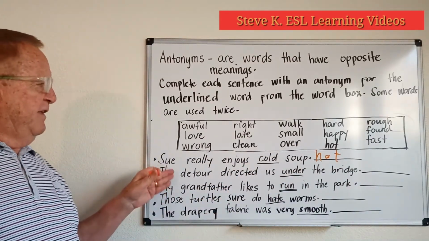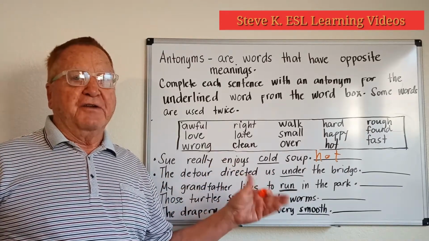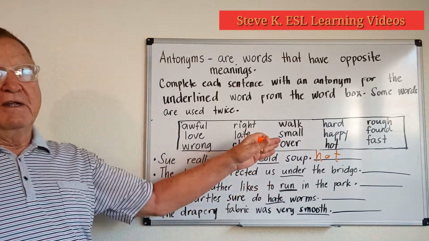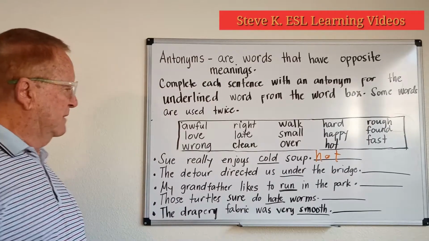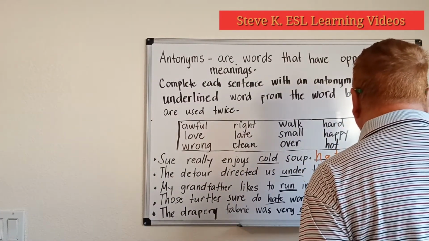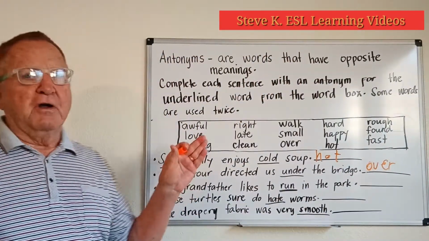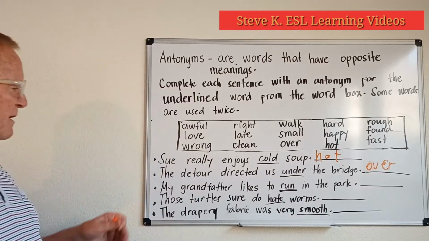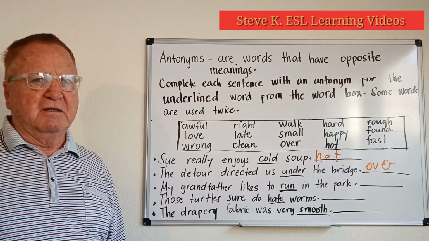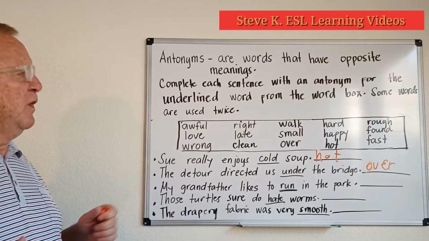Next, the detour directed us under the bridge. The underlying word is under, so the opposite from here is over. The detour directed us over the bridge. My grandfather likes to run in the park. The opposite of this, the antonym for this in the box is walk.